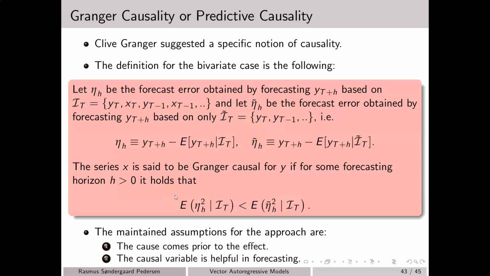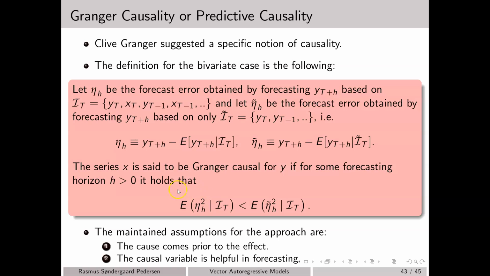We then say that the x variable Granger causes y if for some forecast horizon h it holds that the forecast error variance for the forecast based on both x and y is less than the forecast error variance related to the forecast only based on the y variable.